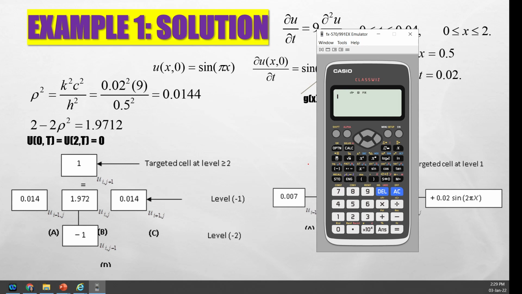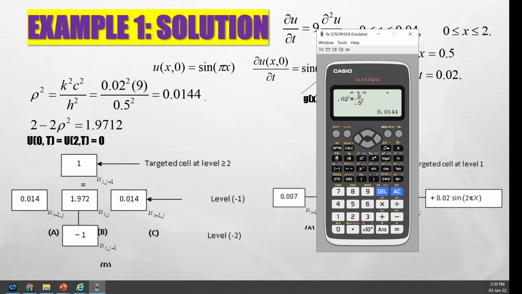Okay, so you have here 0.02 squared times 9 divided by 0.5 squared. K squared, here 9 is c squared, so 9 you don't square it anymore.